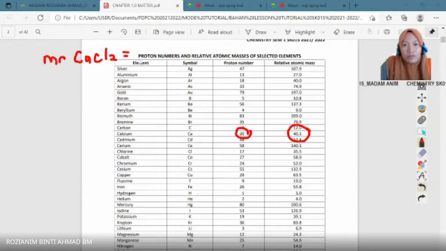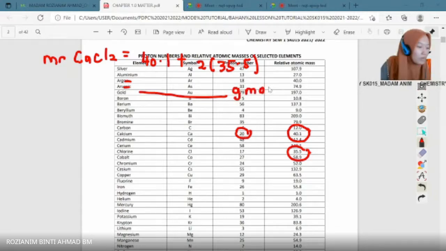So equal to molar mass calcium, relative atomic mass, which is 40.1 plus chlorine. Chlorine here, 35.5, but we have 2 mole, so 2 times 35.5, and we can get the molar mass of calcium chloride in gram per mole.